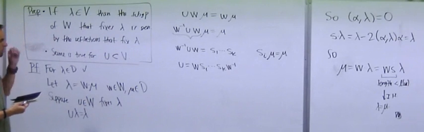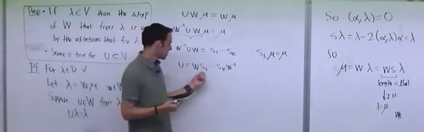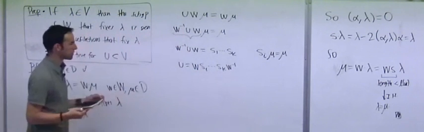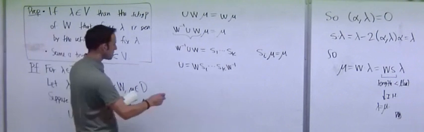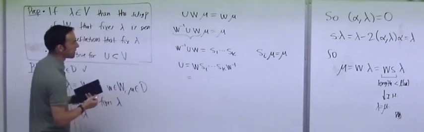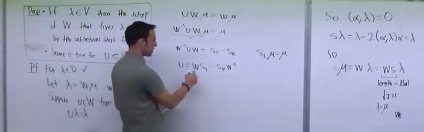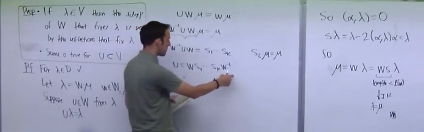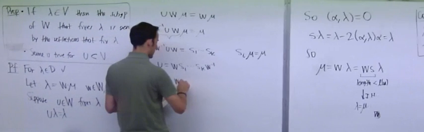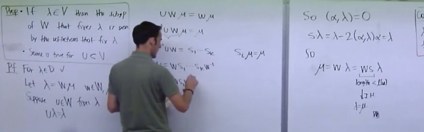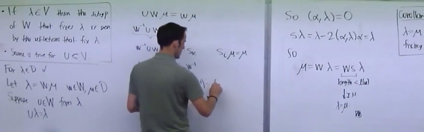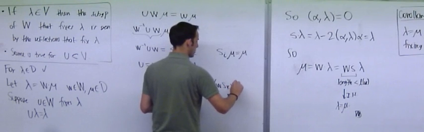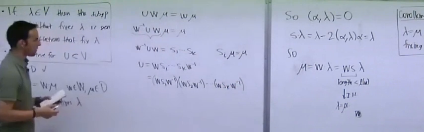And now I want to write this as a product of reflections that fix lambda. Now, what are reflections? Reflections are the conjugates of the SIs. Okay. So then the natural thing to do here is to rewrite this product W S1 S2 SK W inverse as W S1 W inverse times W S2 W inverse times W SK W inverse, where all of these are reflections.